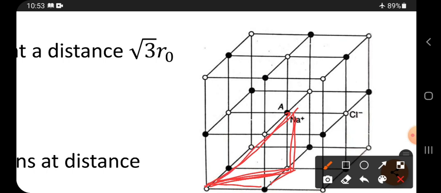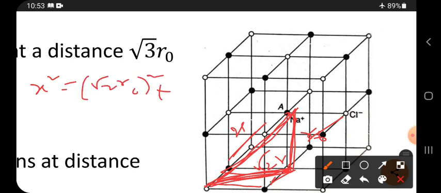How? See, one right angle triangle is forming. Okay, so this is a side, this side, this side, and this side. This side we don't know, but this side we know it is root 2 r naught, and it is r naught. Now according to Pythagoras, let this be x, hypotenuse square is equal to side square plus side square.